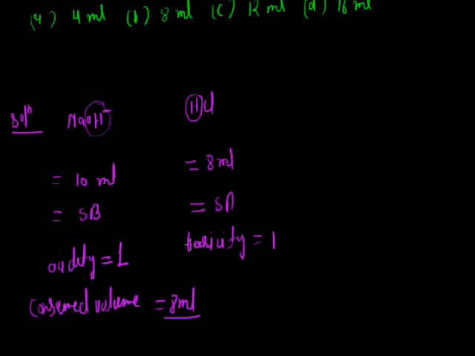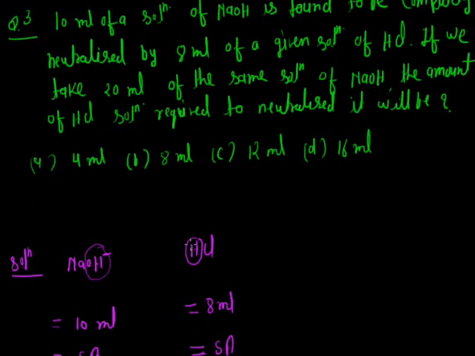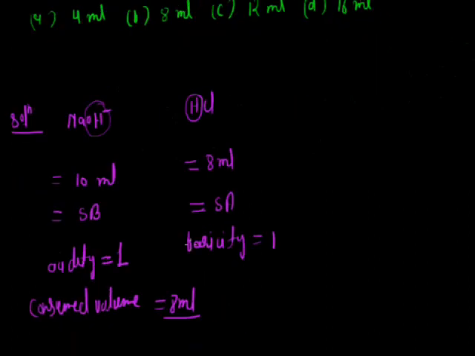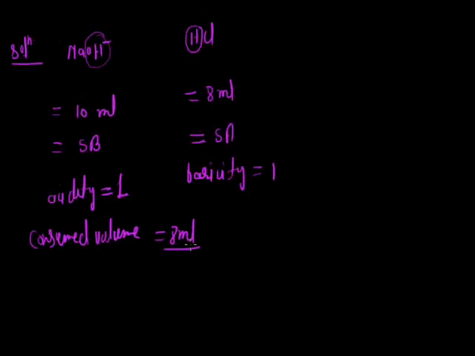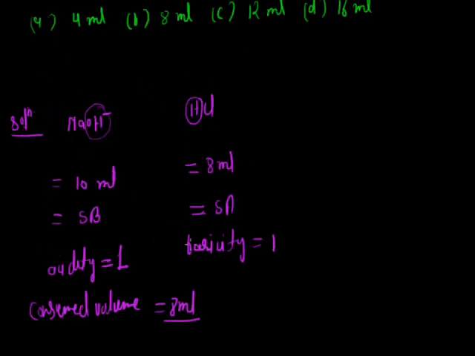Now, in the question, if we have 20 ml of the same NaOH solution, the amount of HCl required to neutralize it will be: if 8 ml of solution is required, then the volume of NaOH required is 8 ml. Now, if we have 20 ml, the volume required is double, basically 16 ml.